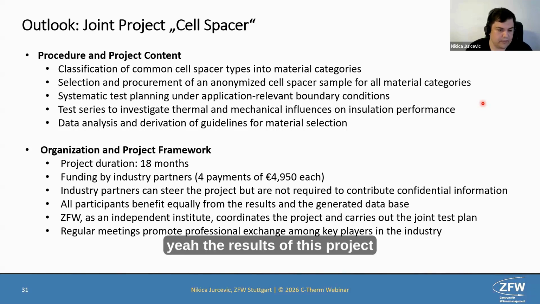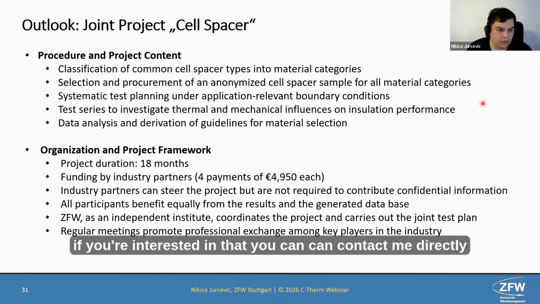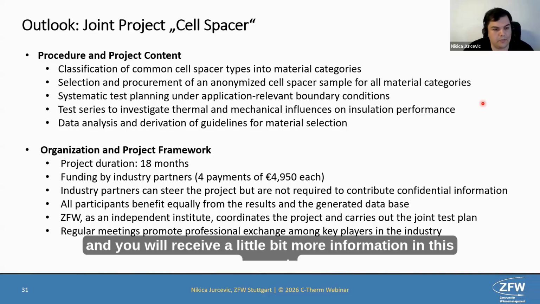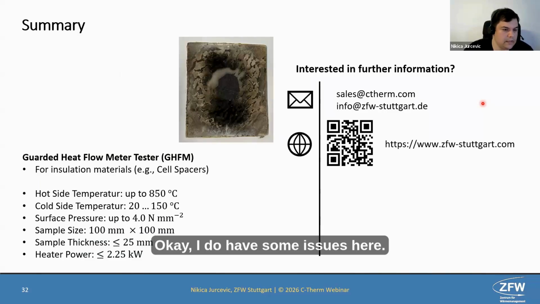And the results of this project, which is planned to go 18 months, is only shared with the partners. So if you're interested in that, you can contact me directly, and you will receive a little bit more information in this regard.